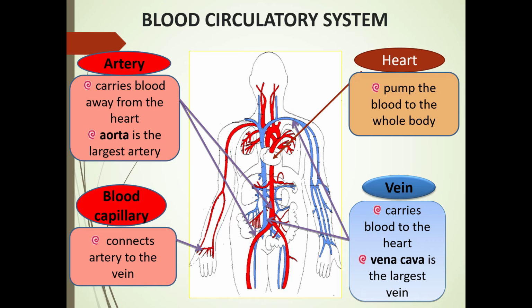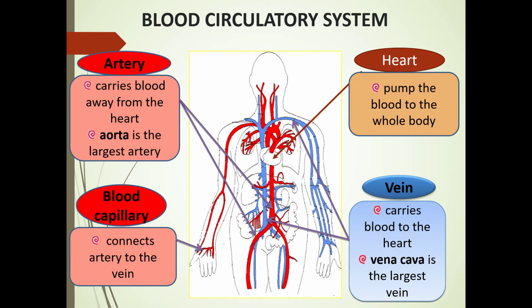So this is the diagram. This is the artery, the red one, which pumps blood out from the heart. This is the heart, which is a muscle.